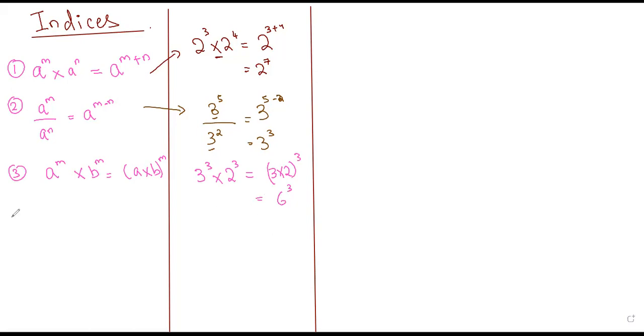Okay, let's talk about the fourth rule. Again, your bases are different, but your power is same. So you can write it as a by b whole power m. Okay, let's talk about the next rule.